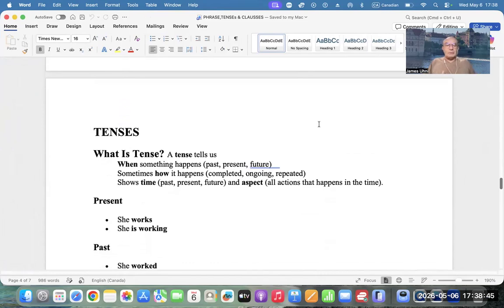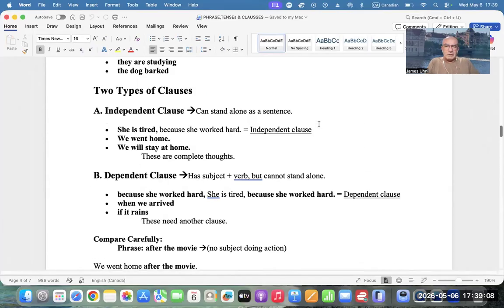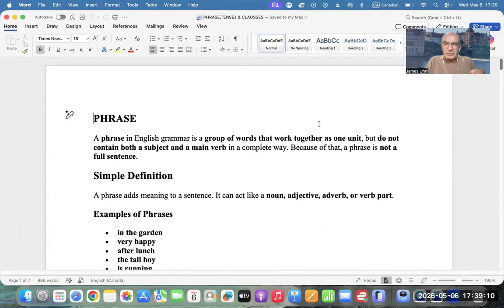Now, I have to talk about them all in one group, and then I will make a separate video just for clauses, a separate video for tenses, and a separate video for phrases. Phrase, clause, tense. Okay, so at the beginning, I will talk about definitions of all the three of them.